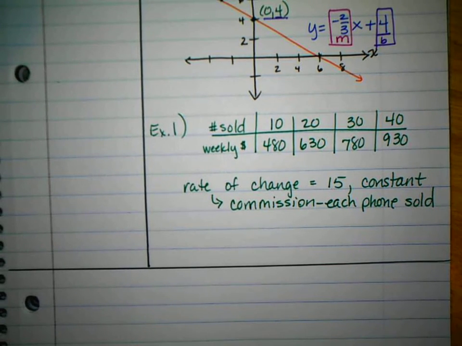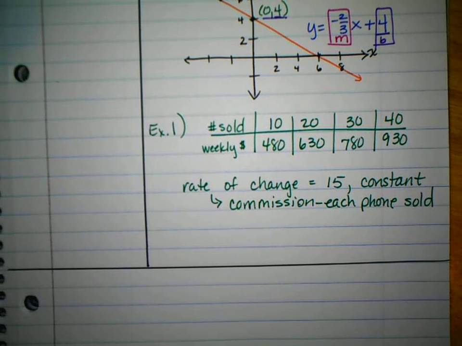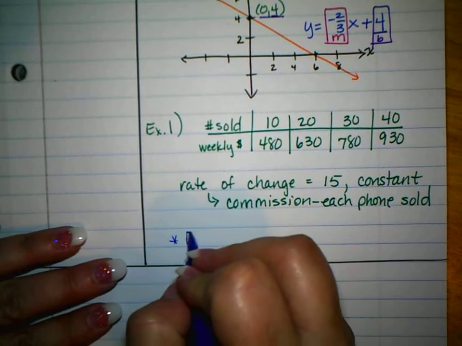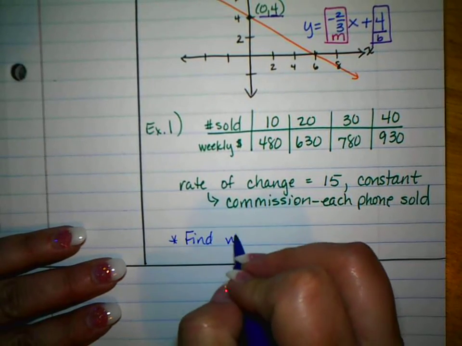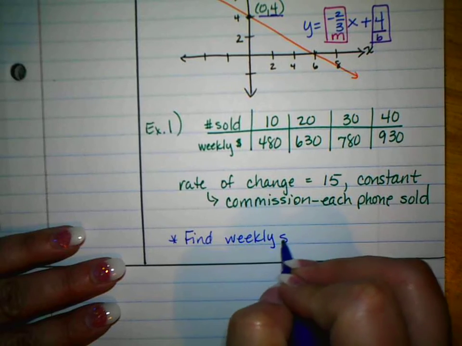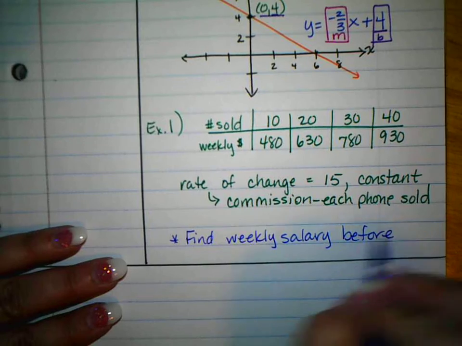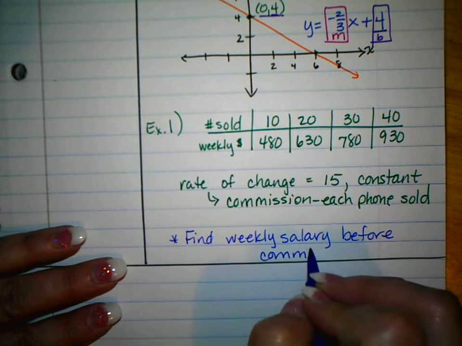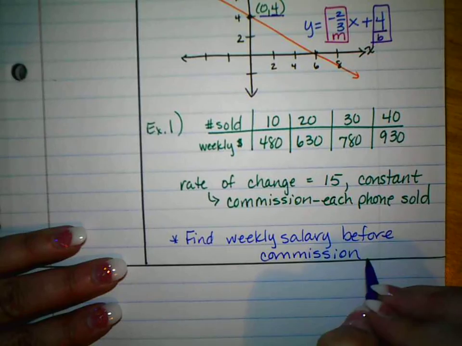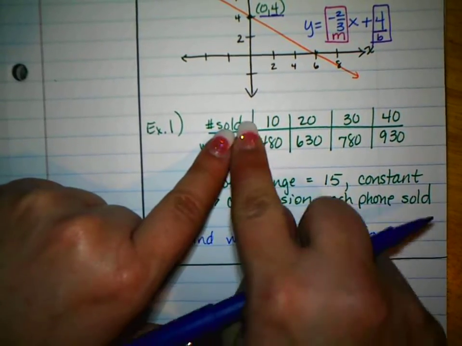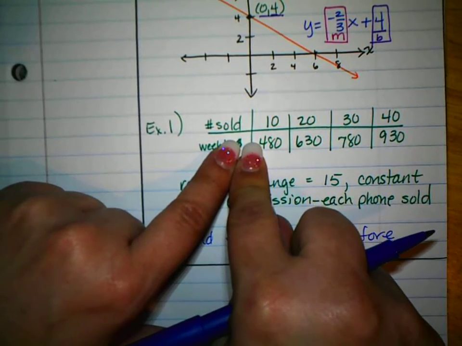Now, the problem is, the piece of information we're not given is what his weekly salary was before he sold any phones. So we need to go and find the weekly salary before commission. And what you're going to do is you're going to back the table out. In other words, we don't want to know 10, we want to know the missing one here, which is 0.